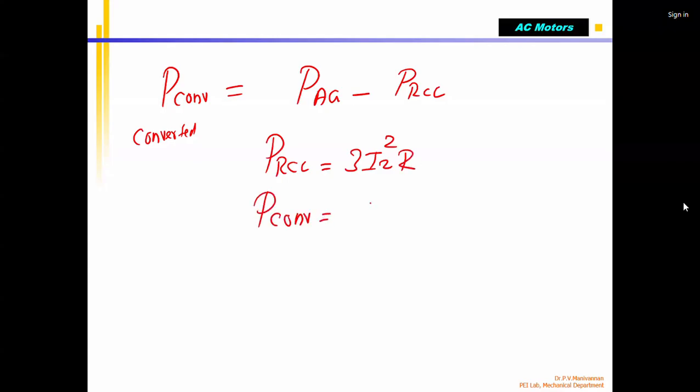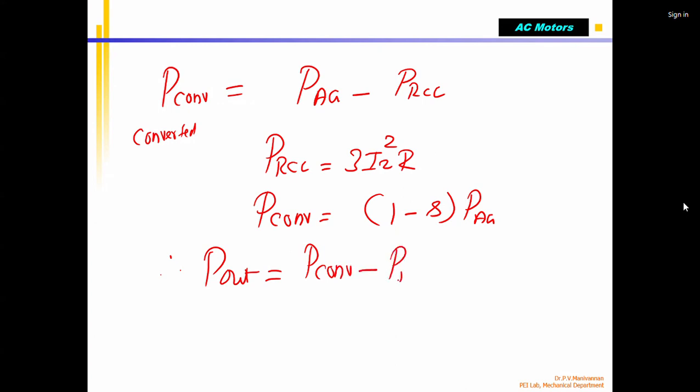So P convert can be written as 1 minus S into PAG, another formula. Okay, so finally, if I want to find out the P output of the motor, it is nothing but P convert minus P F and W, frictional and windage, plus P miscellaneous also. Okay.